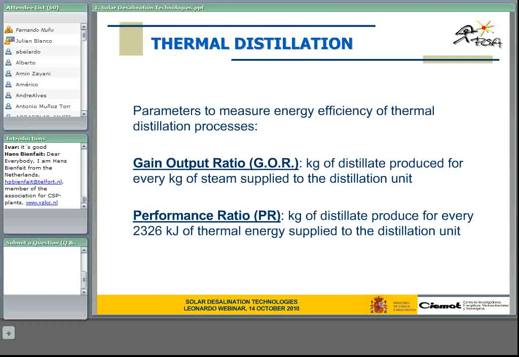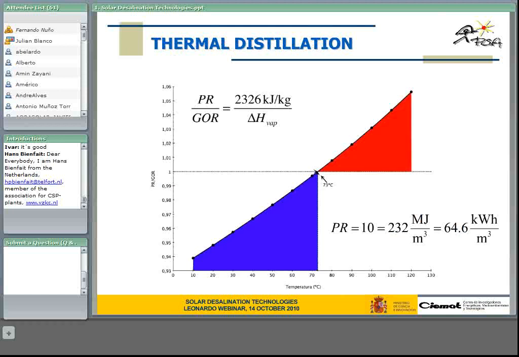In the case of the performance ratio, it is the kilograms of distillate produced for every 2,326 kilojoules of thermal energy supplied to the distillation unit. This is the energy needed to evaporate 1 kilogram of water at 100 Celsius. So both concepts have the same value at one specific temperature, which is 73 Celsius.